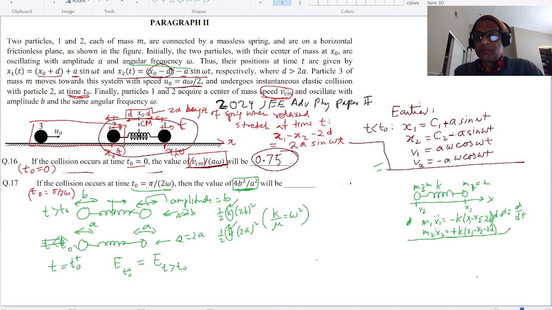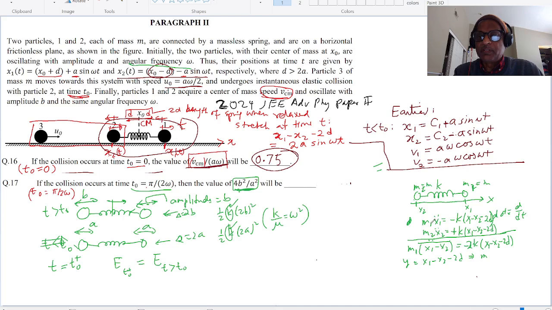So now let's look at m times the double dot of the difference x1 minus x2, which is going to be minus 2k times x1 minus x2 minus 2d. Of course you can say y equals to x1 minus x2 minus 2d.